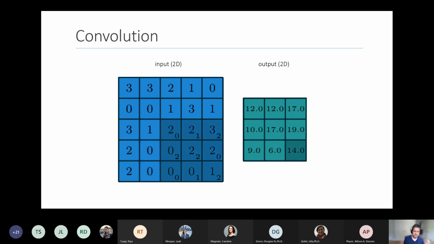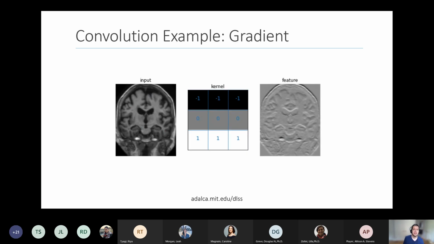So let me give some examples of what that actually means in practice. And so I wrote a very, very brief tutorial on this at the address below, so you can type it in and actually play with these kernels and so on. But here's how it looks on MRIs of the brain.